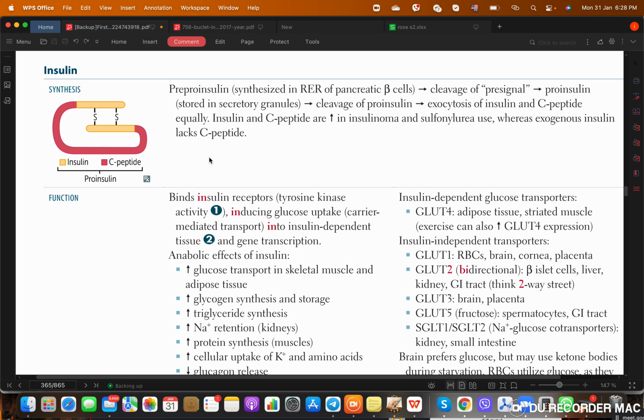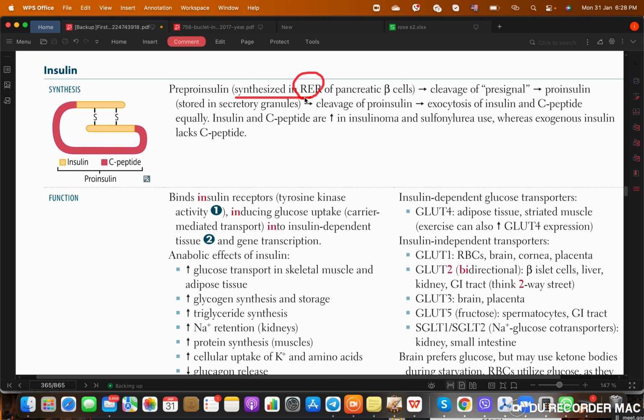That preproinsulin is going to get modified to become a proinsulin and then to become actual insulin. We call all of these post-translational modification. So preproinsulin is synthesized inside of the rough endoplasmic reticulum. Does anybody remember why the rough endoplasmic reticulum is rough? Ribosomes, absolutely, yes.